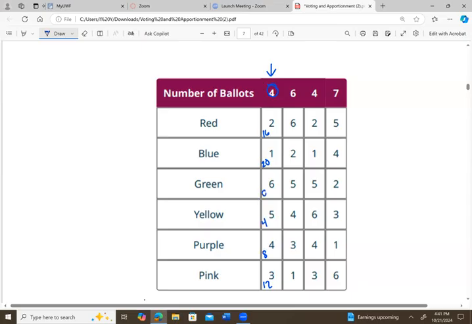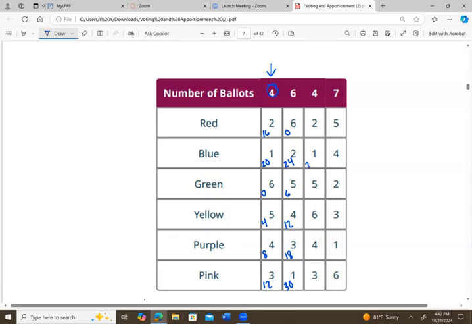Of course, last place receives 0. Then we just follow the same process. 6 times 5 is 30. 6 times 4 is 24. 6 times 3 is 18. 6 times 2 is 12. 6 times 1 is 6. And 0.